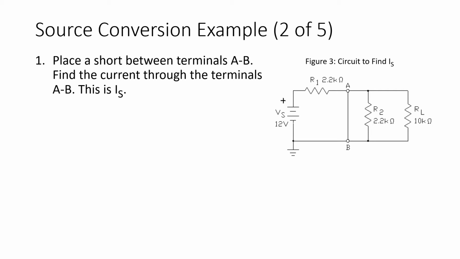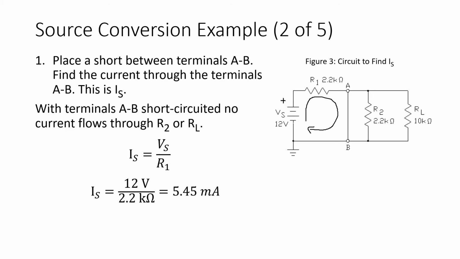Now you note that when I place the short from A to B, all the current is going to flow through this short circuit. No current will flow through resistor R2 or resistor RL. So with the terminals shorted, the constant current source is Vs divided by R1, which is 5.45 milliamps.